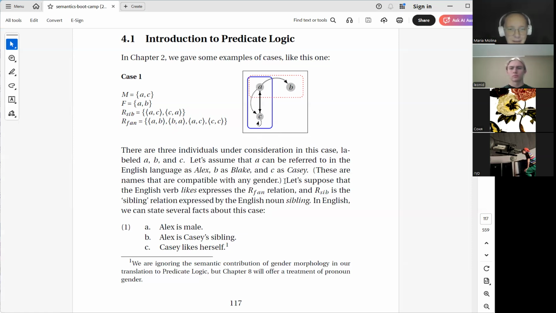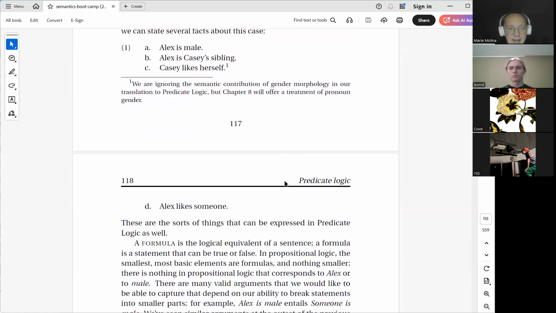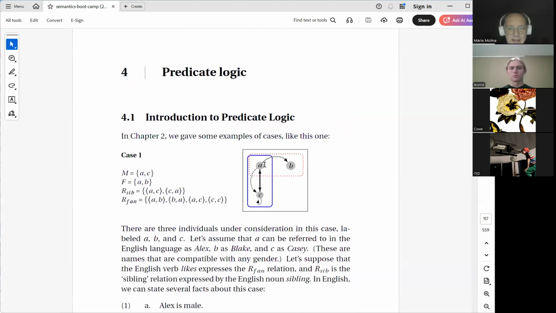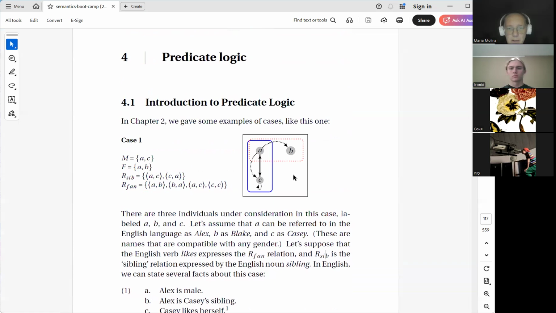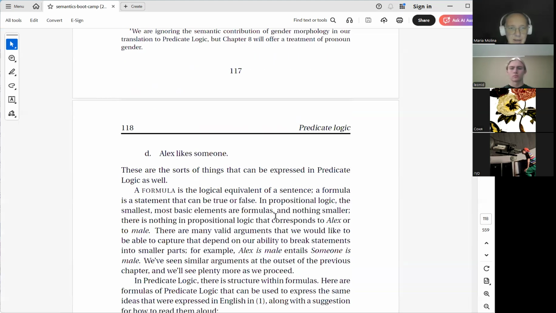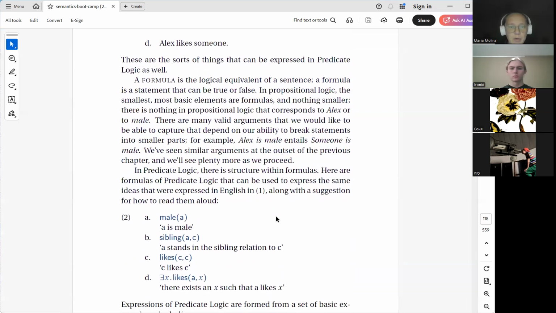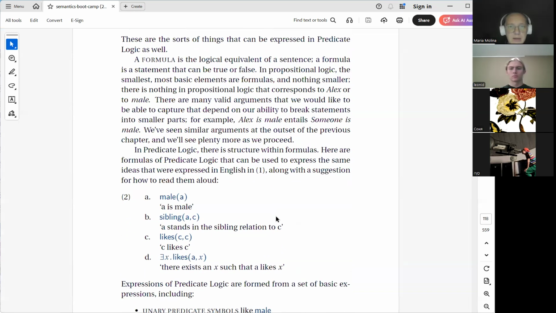Something like that. Right. And Alex likes someone, either Casey or Blake or both. And we're going to express it in predicate logic.